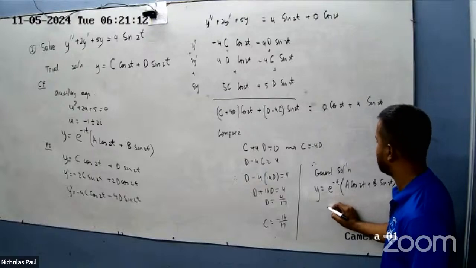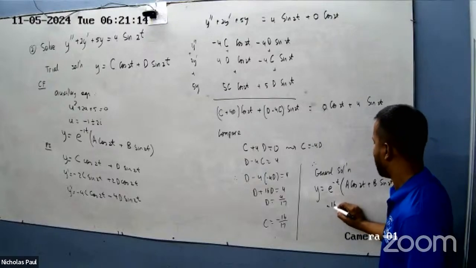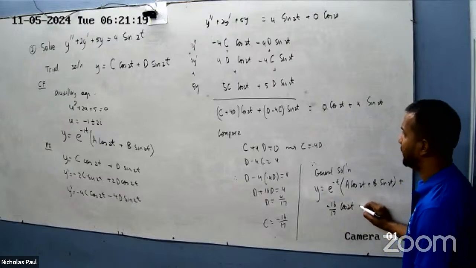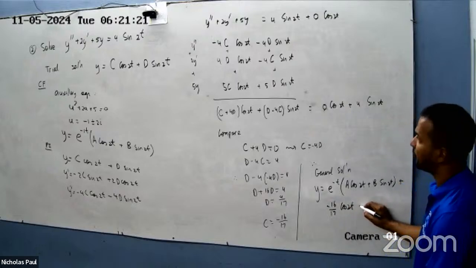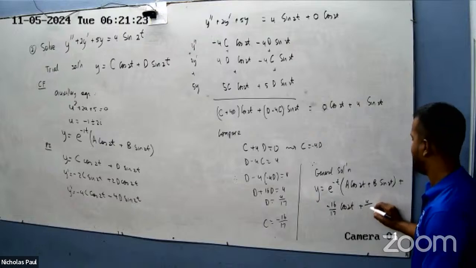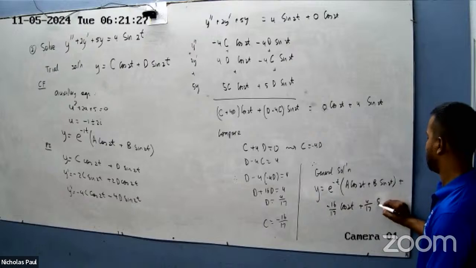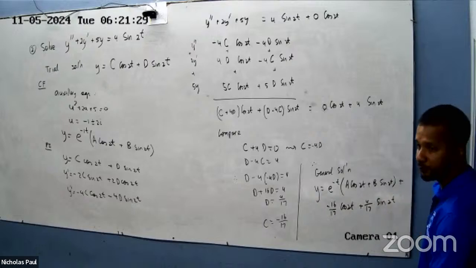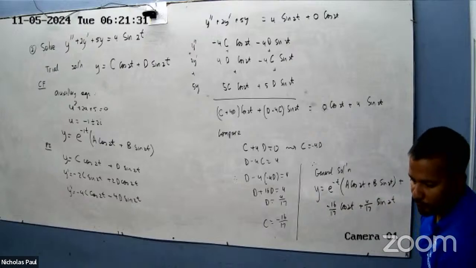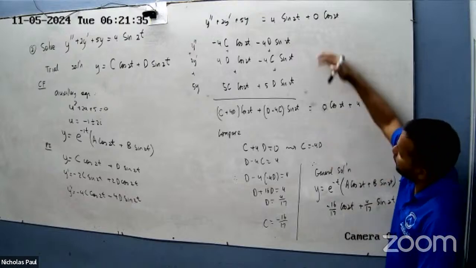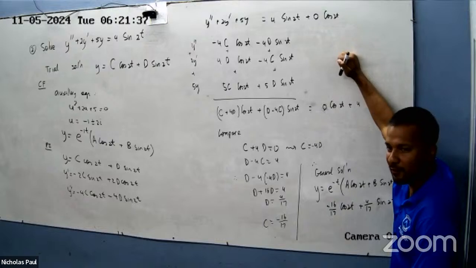Plus minus 16 on 17 cos 2t plus, where d is 4 on 17. Right. Right, so here's where it becomes a little more challenging, right?